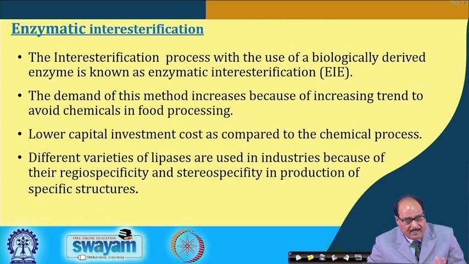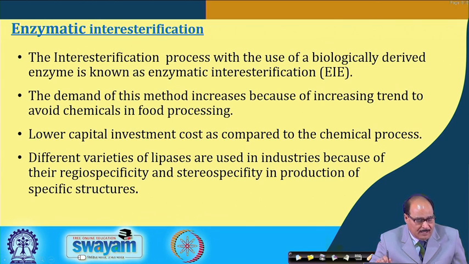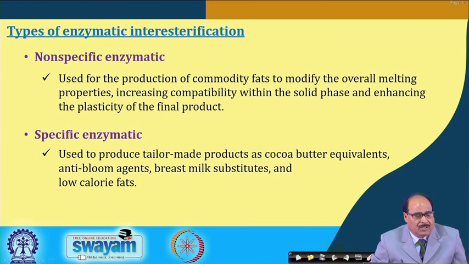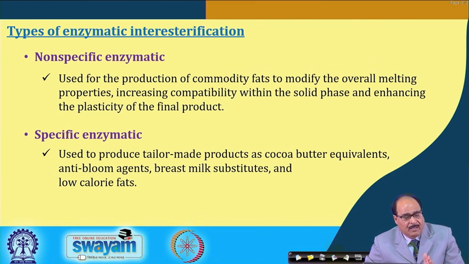Even different varieties of lipases are used in industries because of their regio specificity and stereo specificity in the production of a specific structure. The enzymes may be non-specific or specific enzymes.